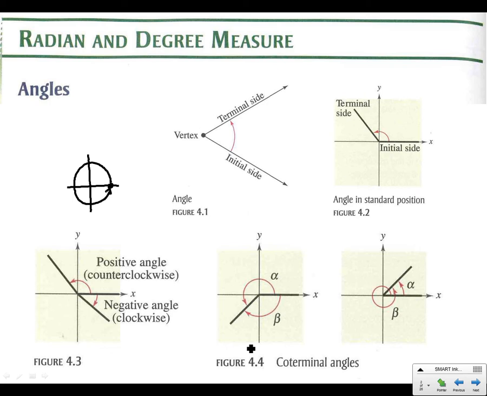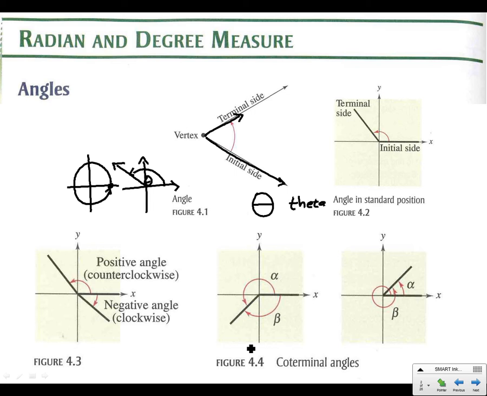So when we talk about angles, a couple things we want to get started. When we start an angle, the starting side is called the initial side, and the finishing side is called the terminal side. When we talk about an angle in terms of the unit circle or the coordinate plane, the angle we're going to use the symbol theta.